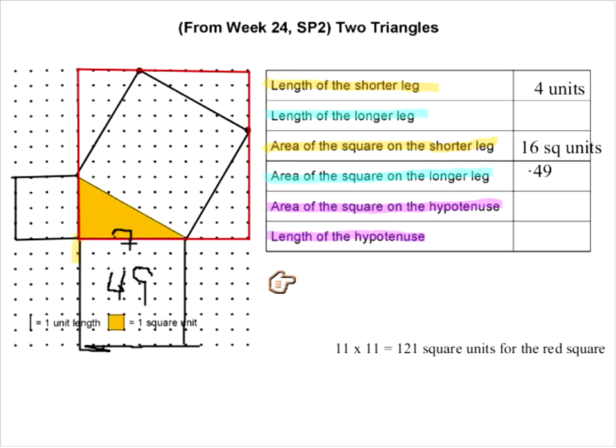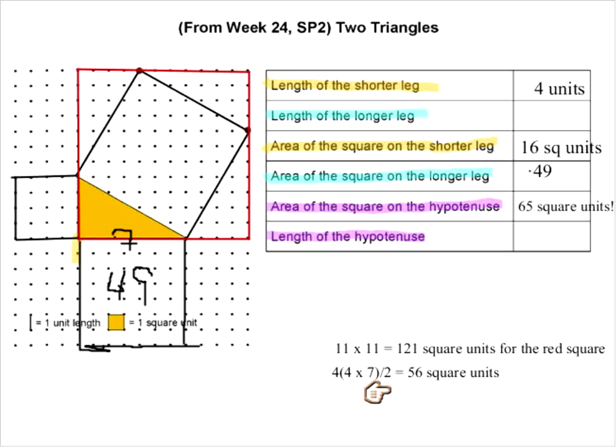Once we figure out the area of one of these right triangles, she's going to take out 56 square units, because the area of one of the triangles is 14, and then times 4.